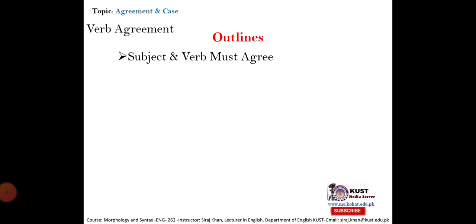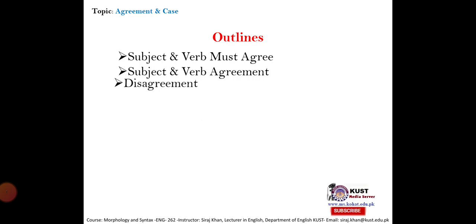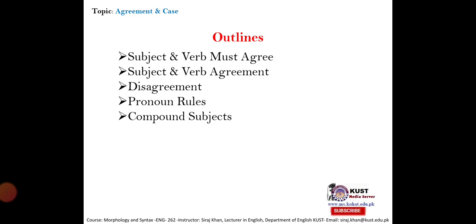The outlines are: subject and verb must agree, SV agreement, subject verb disagreement, pronoun rules, compound subjects and their agreements, and some special rules in phrases, how phrases are being used there and here.